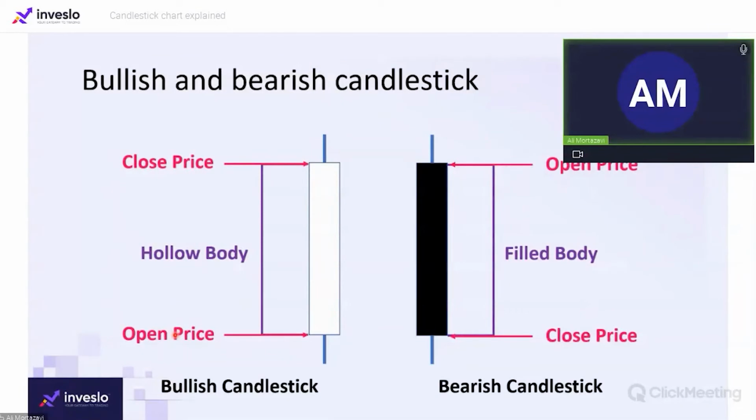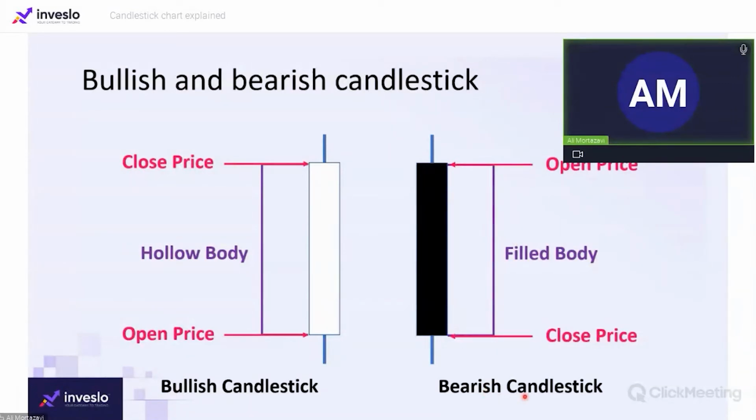It means the market opened at this certain price here, and then the buyers overcame the sellers and pushed the price higher, so we have a higher close price there. It means the buyers had the control of the market, and vice versa.